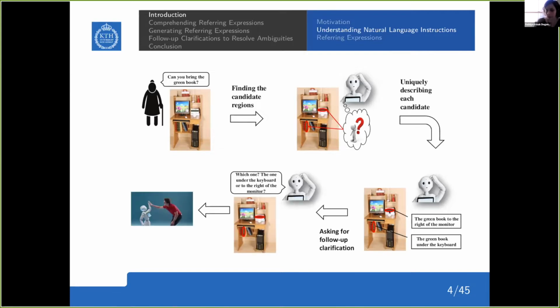As in here, it needs to first uniquely describe the green book to the right of the monitor, and the other one is the green book under the keyboard. And then these expressions should be used in the follow-up clarification, as in here, which one? The one under the keyboard or to the right of the monitor. This is the general pipeline that we wanna achieve in ambiguous scenarios: how to find objects, how to ask efficient clarification questions.